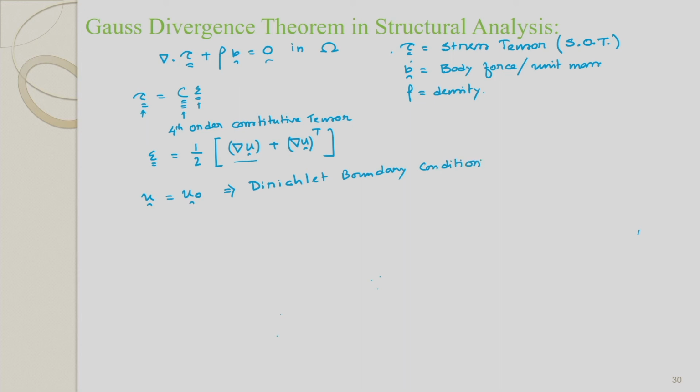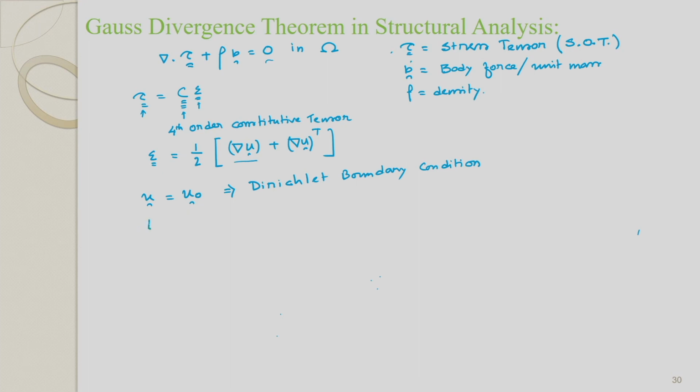Sometimes we have an external load vector related with the stress tensor by this relation, that is T equal to tau n, where T is the traction vector and n is the normal to the surface. So, this is the Neumann boundary condition.